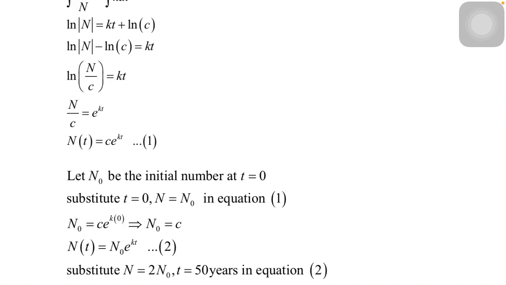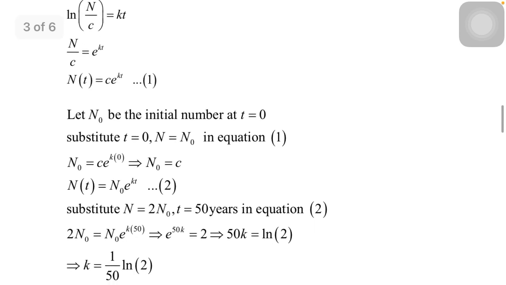So n of t equals c into e power kt. Now the initial population is not given in the question, so we are taking the initial population as n naught.